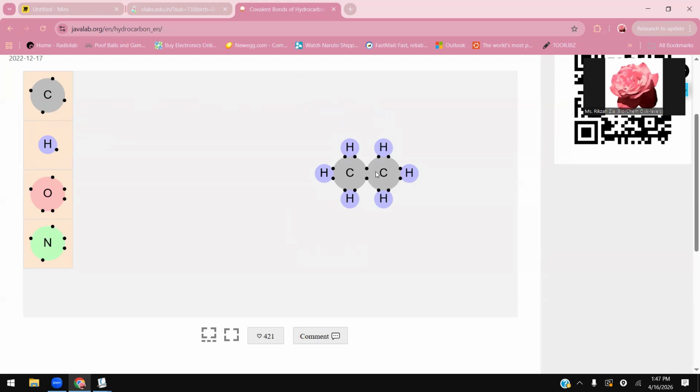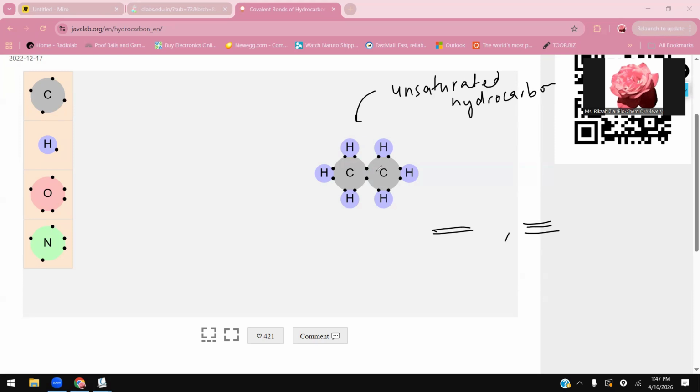Like they had space for more hydrogen atoms to come in. So this example was an example of an unsaturated hydrocarbon. Unsaturated hydrocarbons contain double or even triple bonds, and they always have room to add in more hydrogen atoms. Okay, so that's the biggest difference.